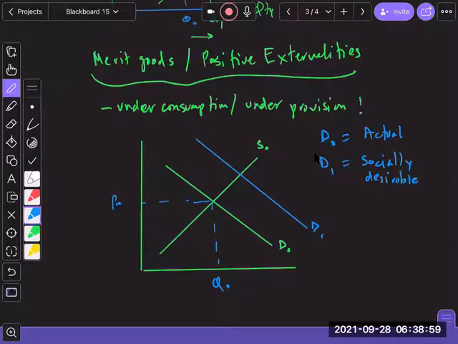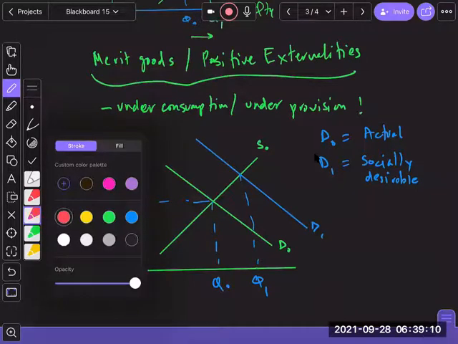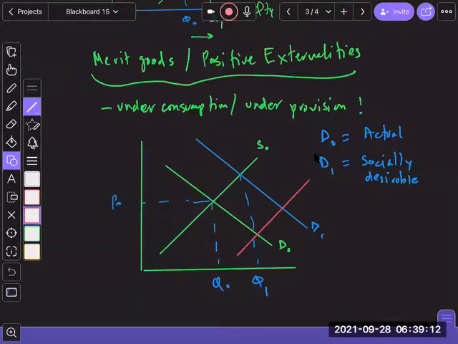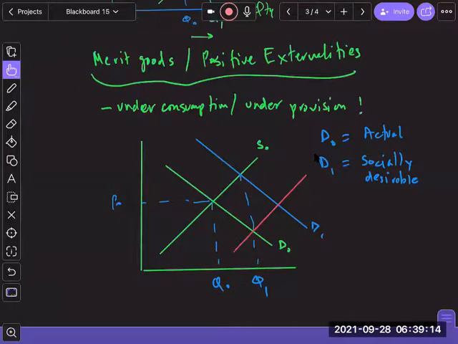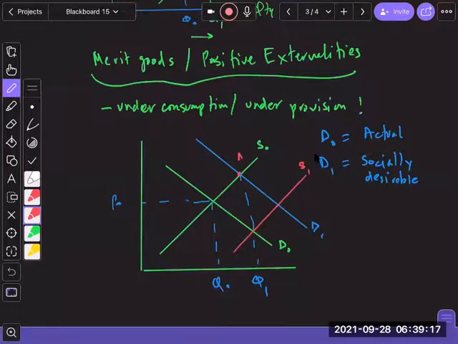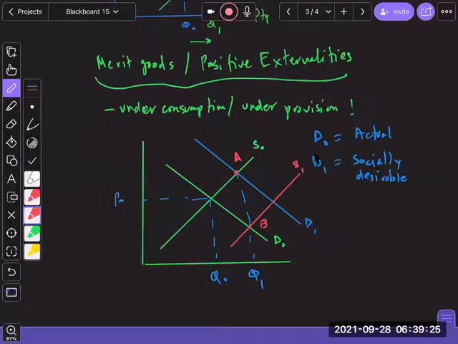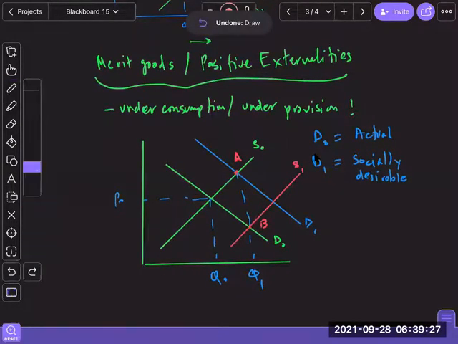So what can the government do to make the socially desirable quantity Q1 be consumed? Well, they can give a subsidy. If they give a subsidy equal to AB, you will see the provision of this good become socially desirable.